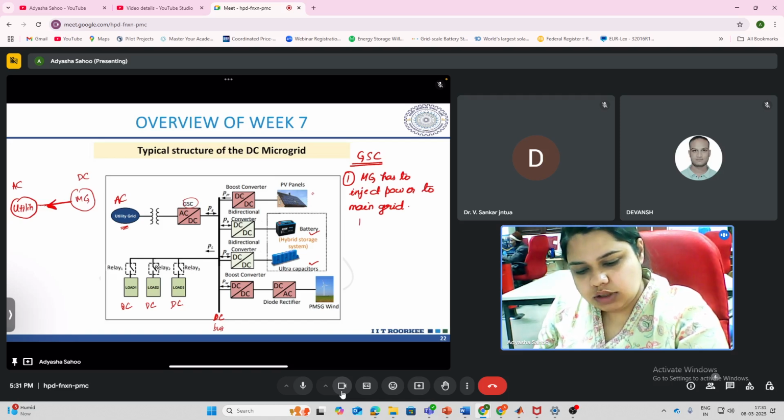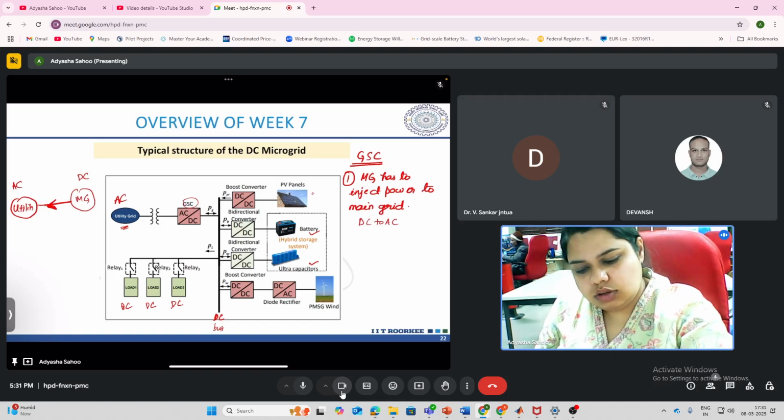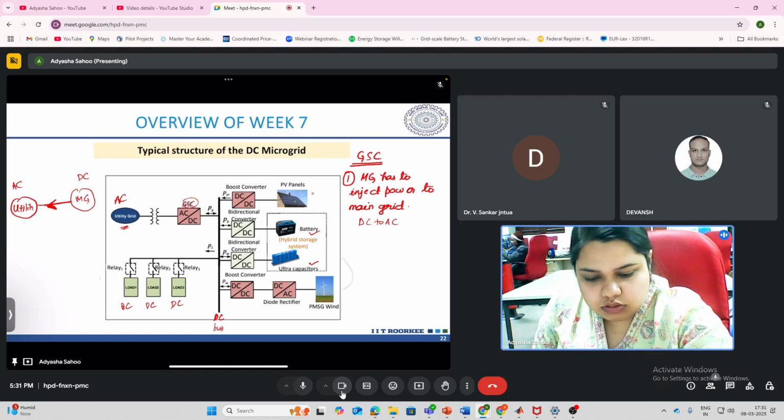You need DC to AC conversion, right? So this grid side converter has DC to AC conversion.